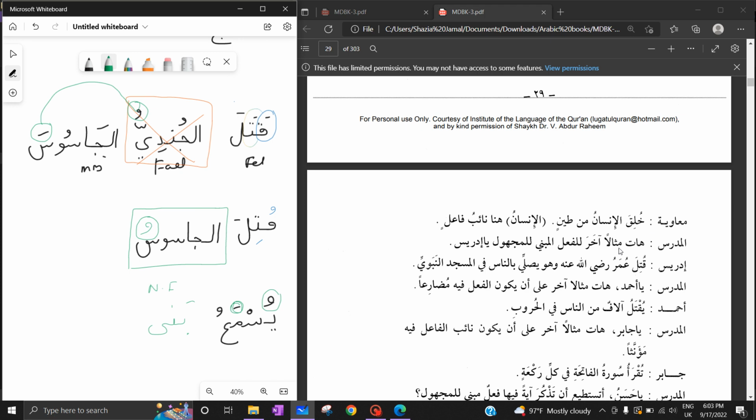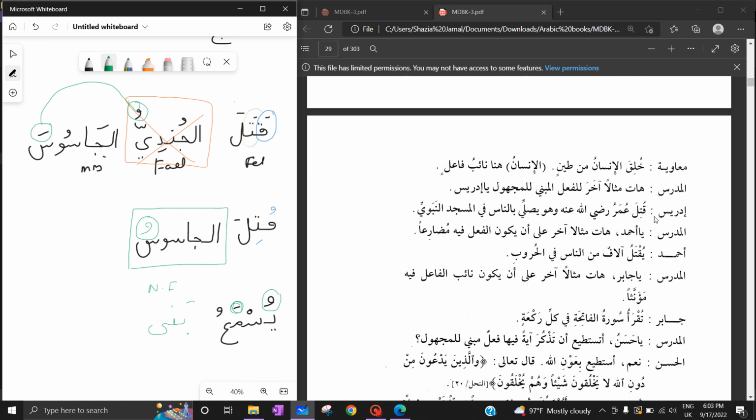The teacher says hati misalan akhara, meaning give another example, lil fail mabni lil majhul. Ya Idris. Idris says قتل عمر رضي الله عنه وهو يصلي بالناس في المسجد النبوي. It means that Umar, may Allah be pleased with him, was killed while he was praying with the people in Masjid Nabawi.